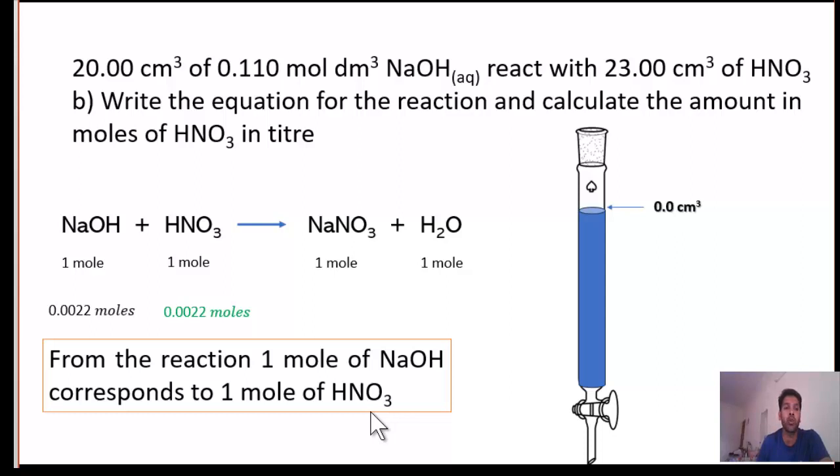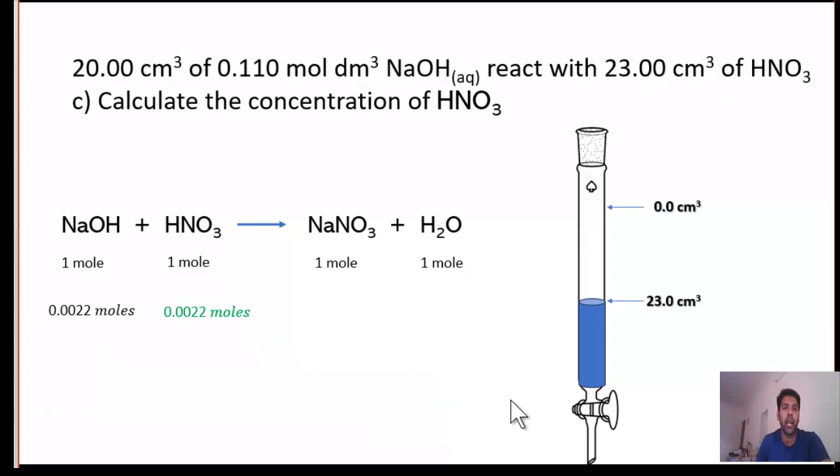From that, we have calculated the number of moles of NaOH, that is 0.0022 moles. Now, if 1 mole of NaOH reacts with 1 mole of nitric acid, then definitely 0.0022 moles will react with 0.0022 moles of nitric acid.